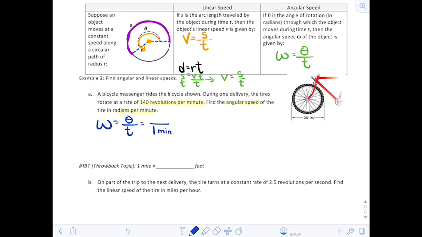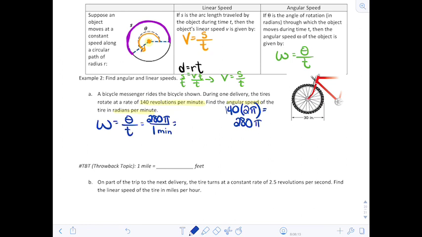And we know that it's 140 revolutions, but that's not theta. Every 1 revolution is 2 pi. So if I have 140 revolutions, and every one of those is 2 pi, I'm going to multiply 140 by 2 pi, so my theta is 280 pi. That represents 140 times that we're going to go 2 pi radians.